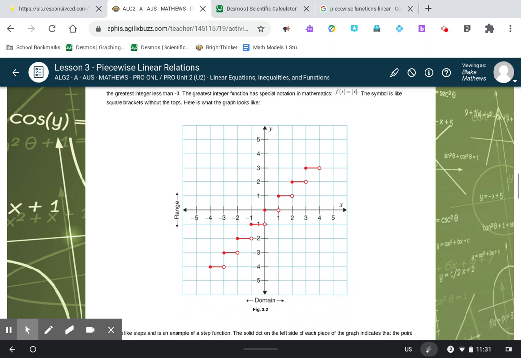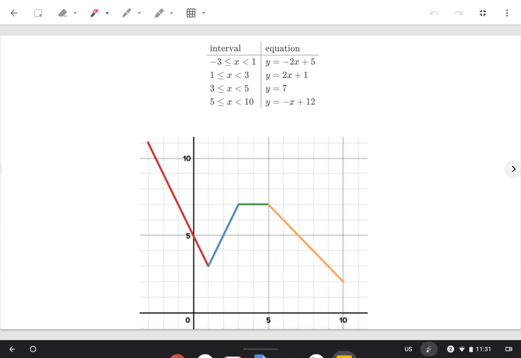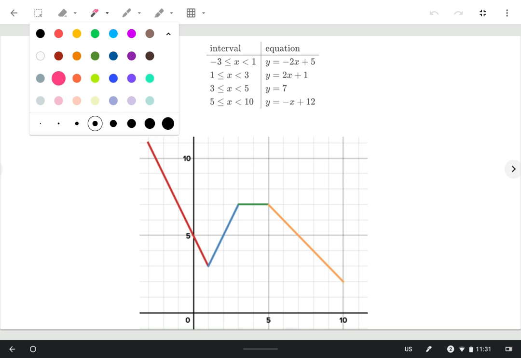Obviously, that's a very complicated one, but we're going to be working with piecewise functions that are a little bit more straightforward. I'm going to walk through one example that's probably more complicated than the examples you'll be dealing with. The answer is already on the screen, but I want to walk through how this works. In a piecewise function, you have two main ideas going on. The first idea is what we call the interval.